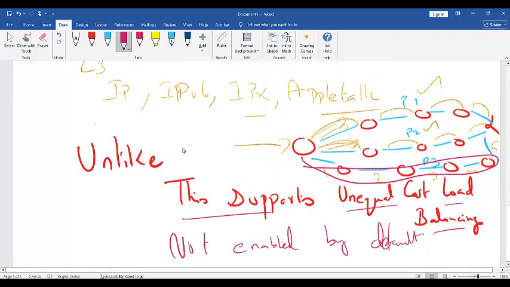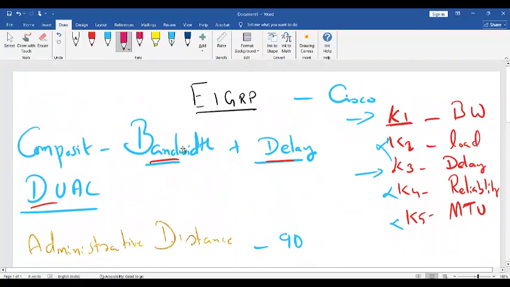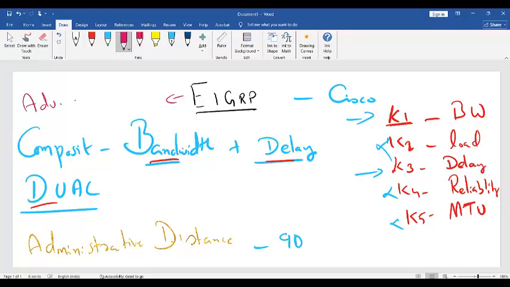These are important points that we should always focus on whenever someone asks you about EIGRP. Now, one more important point about EIGRP is that it is an advanced distance vector protocol. But at CCNA level, I don't know why they unnecessarily confuse, and later they will correct you when you come to CCNP.